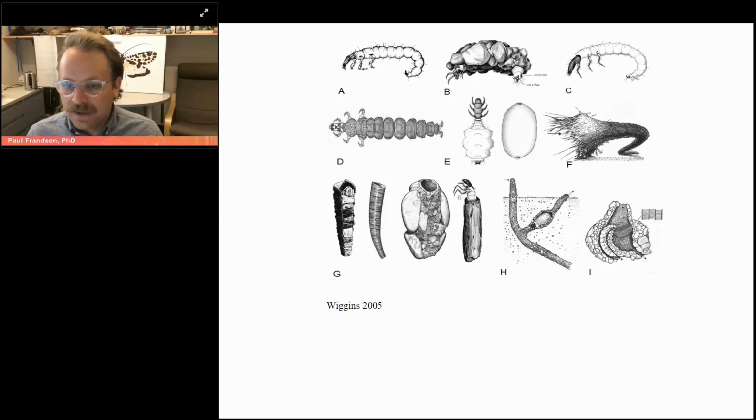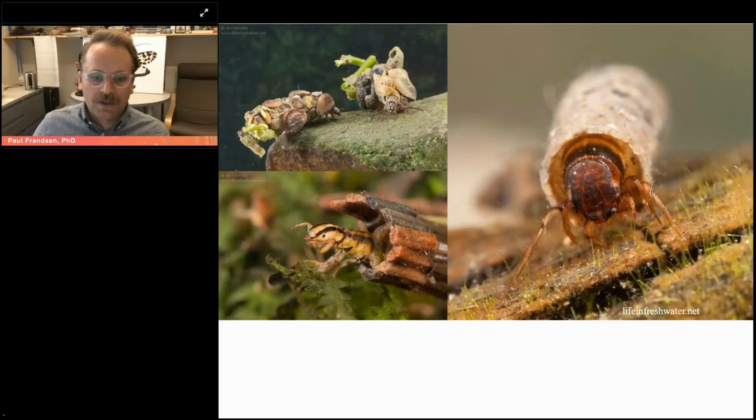And then in I, they've made this really fascinating home where the entire thing is lined with silk, complete with a little web. You can see the web down by the head of the caddisfly, and water is kind of filtered through that web, and it allows the caddisfly to capture prey and eat things off of the web that is captured. And so they use the silk to great advantage.